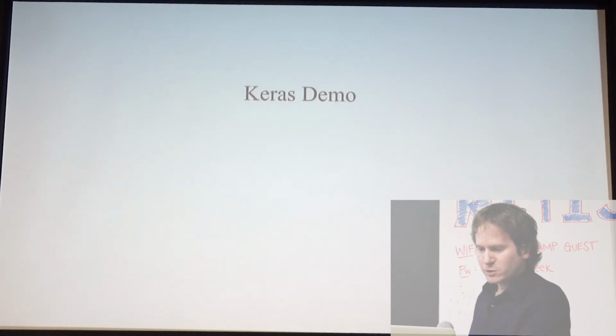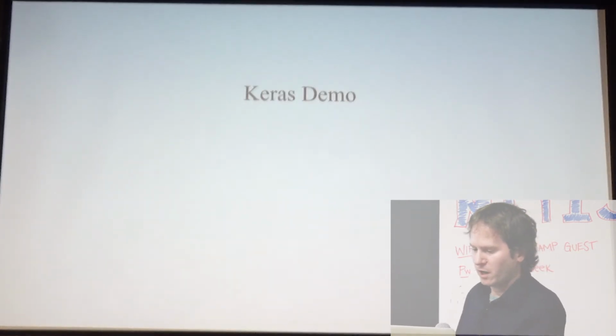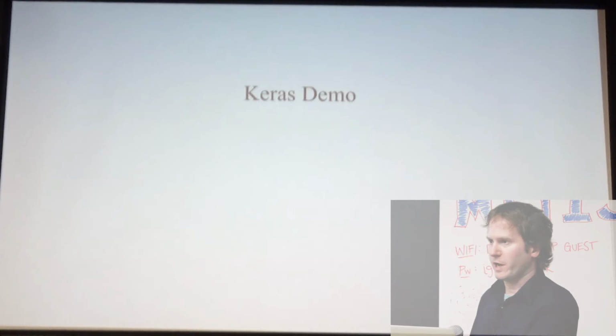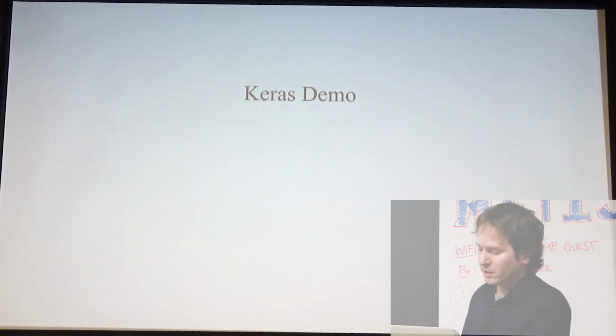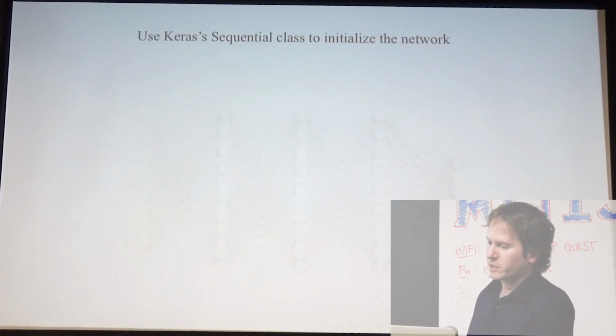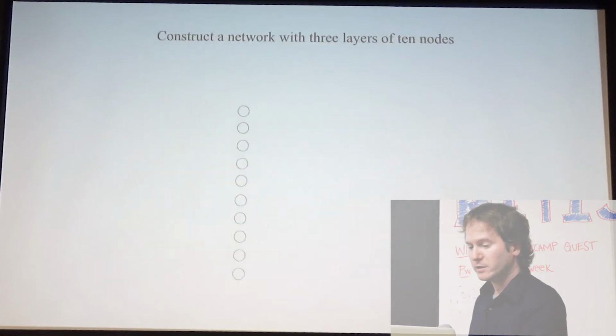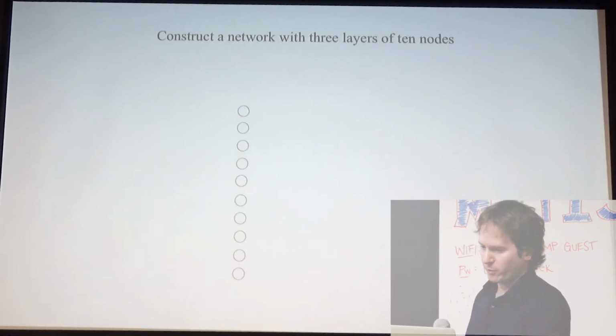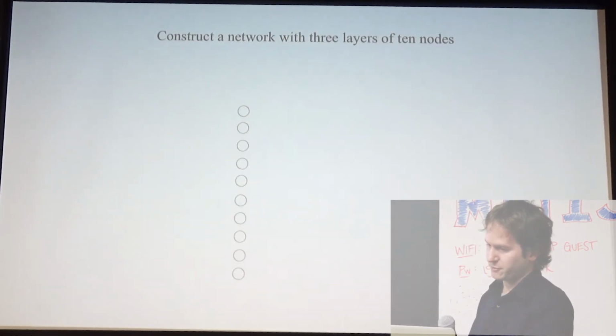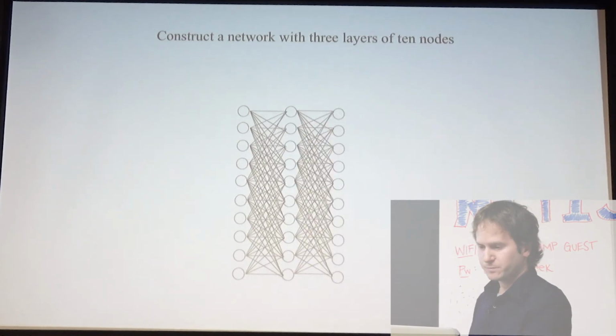So I'm going to be showing a quick demo of building a neural network and showing how easy it is to do that in this framework. So what we're going to be doing is using what's called the sequential class, which is kind of a generic container where you can build your network line by line. And so we're going to construct a network that has 10 nodes in each layer, and it's 3 layers deep.